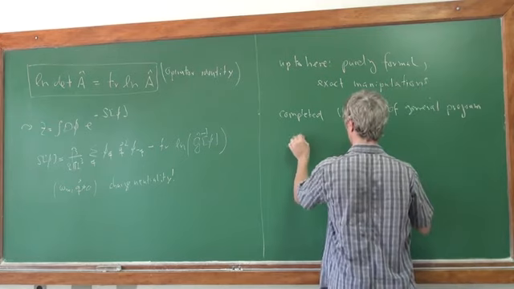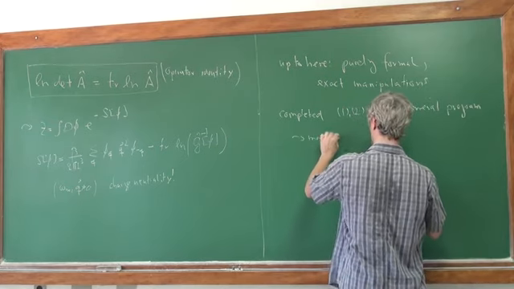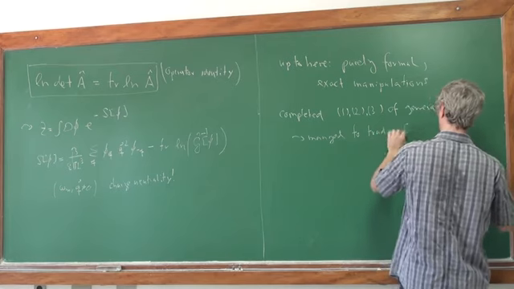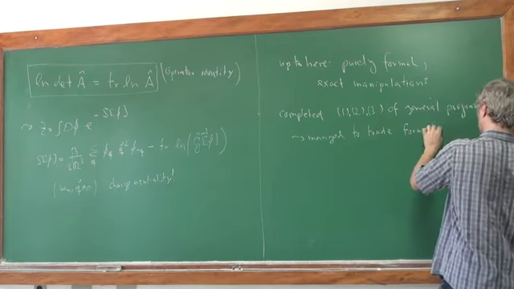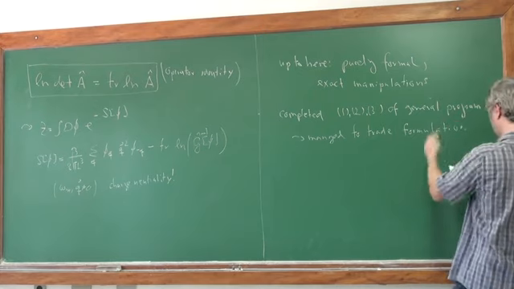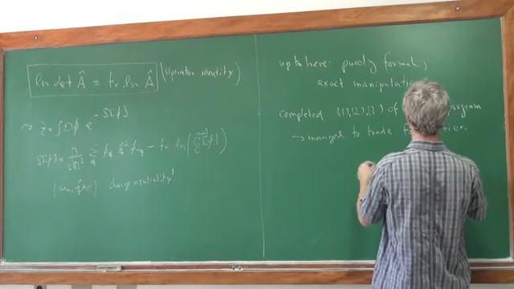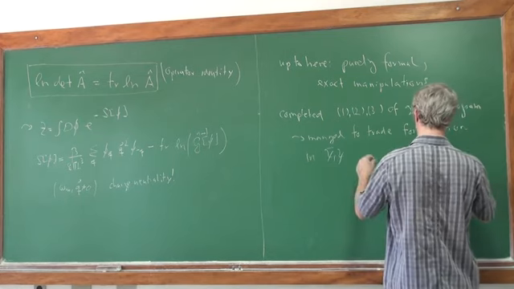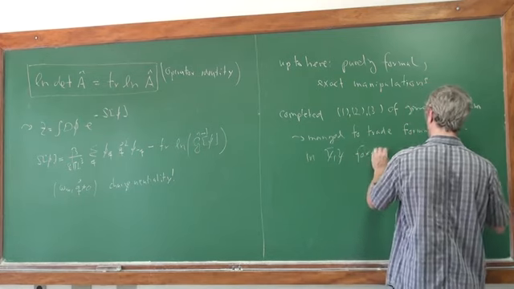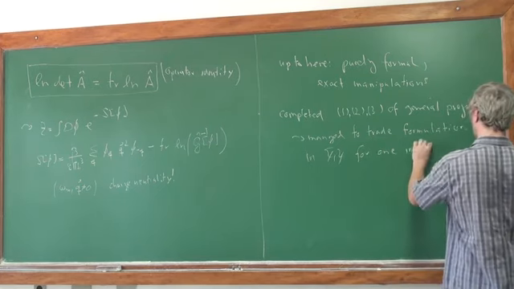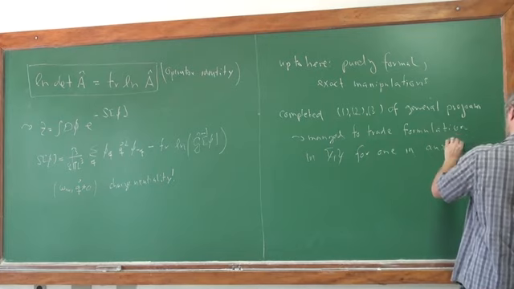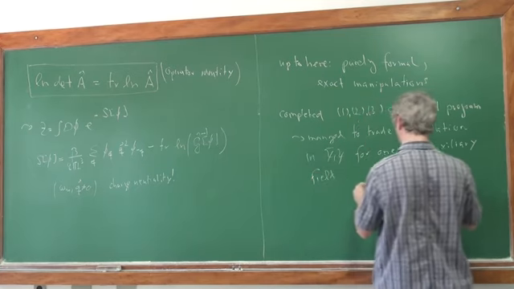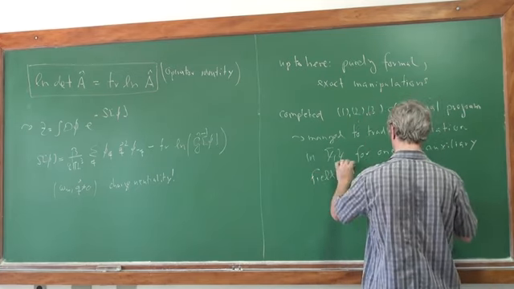We managed to trade the formulation in microscopic degrees of freedom, which depend on the high energy scale, with the electrons, for one in the auxiliary field of higher complexity, phi.